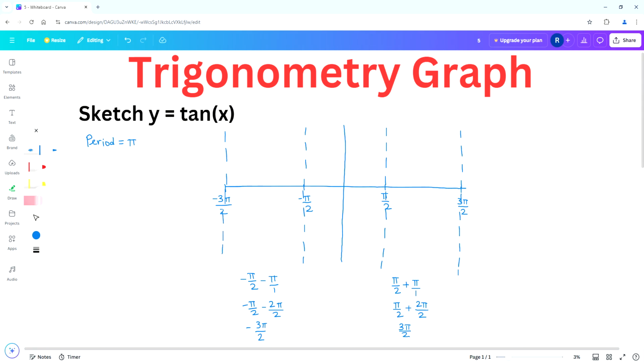The graph of y equals tan x is a set of curves between consecutive vertical asymptotes. Let's start by sketching the curve between the vertical asymptotes at negative pi over 2 and pi over 2. We can prepare a table of values for x values between negative pi over 2 and pi over 2.